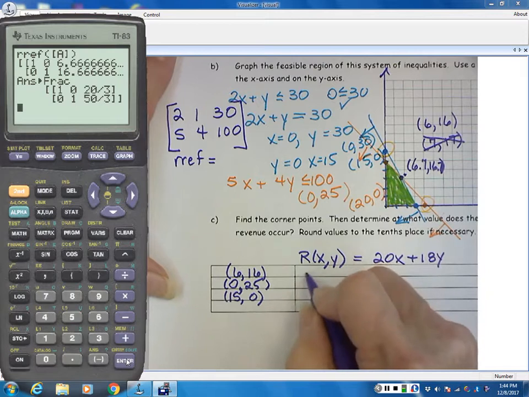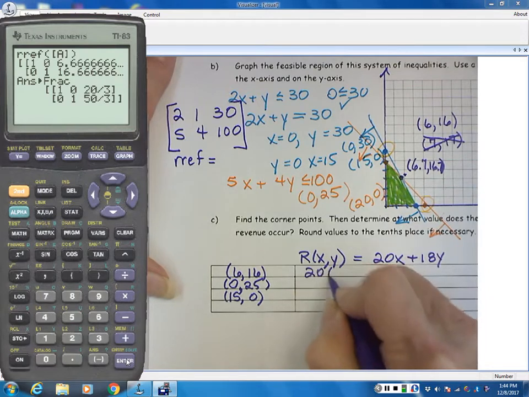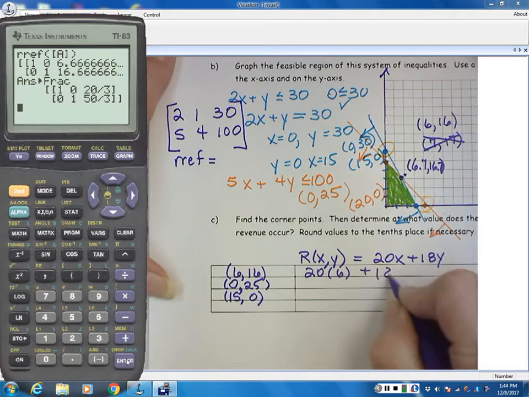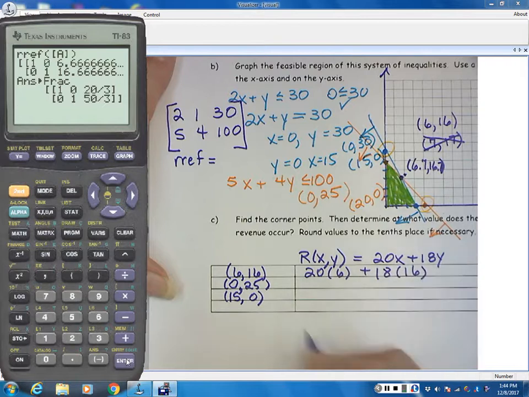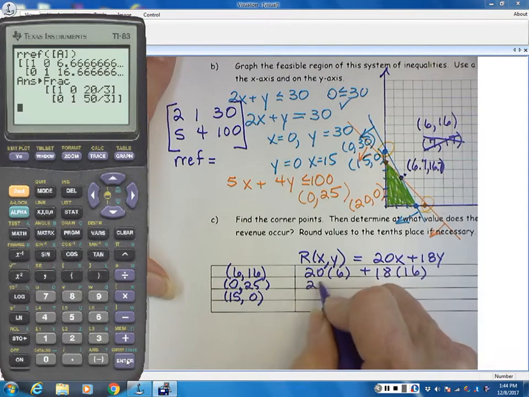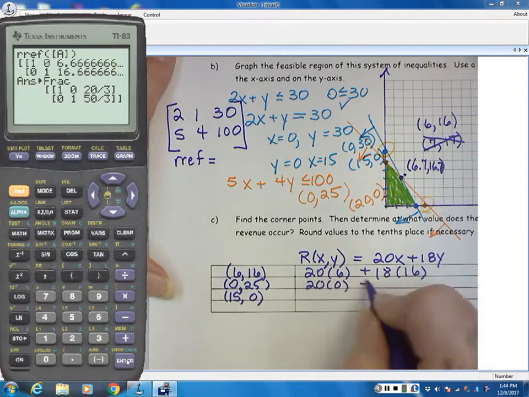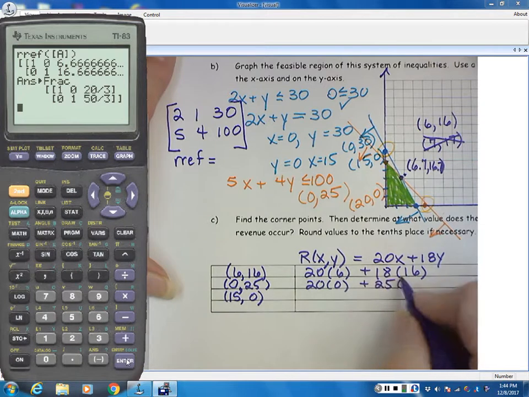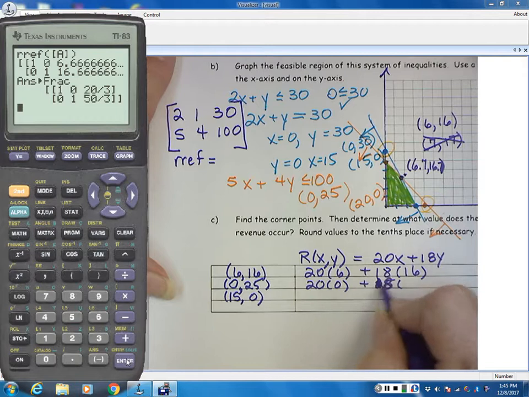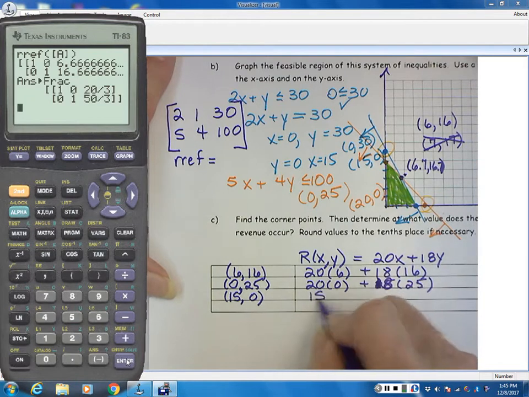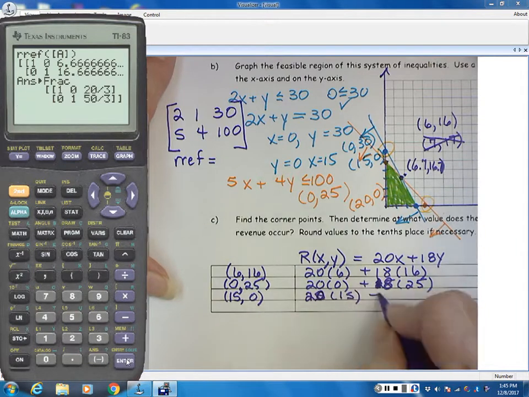So we have 20 times 6 plus 18 times 16, or 20 times 0 plus 18 times 25, although it wouldn't make any difference, or 15 times 20 plus 18 times 0.